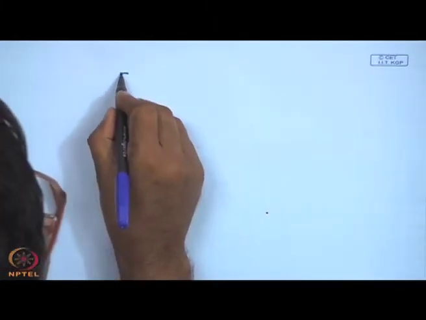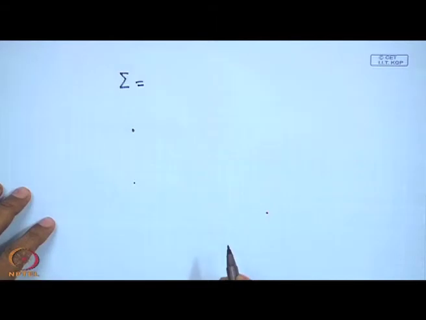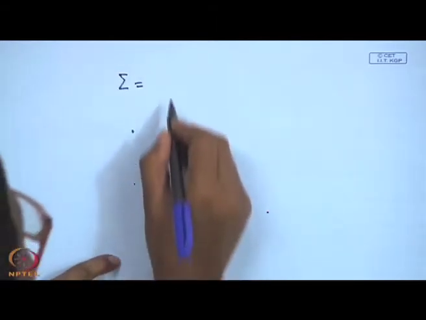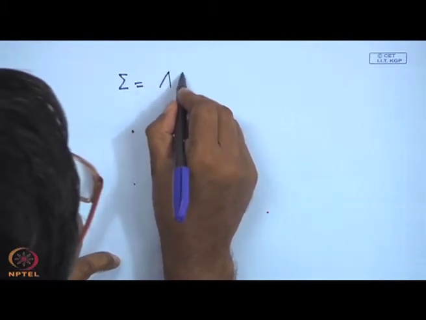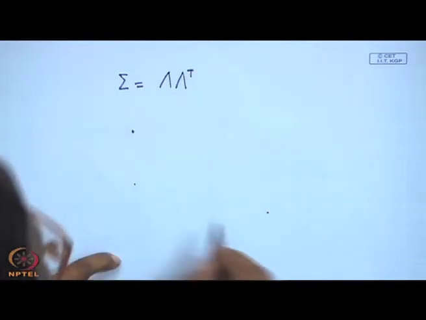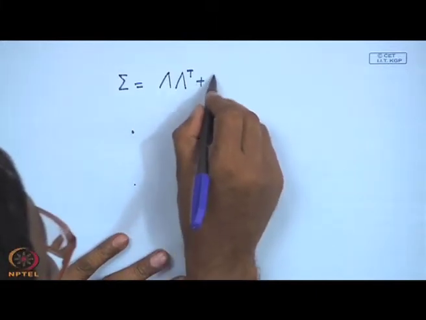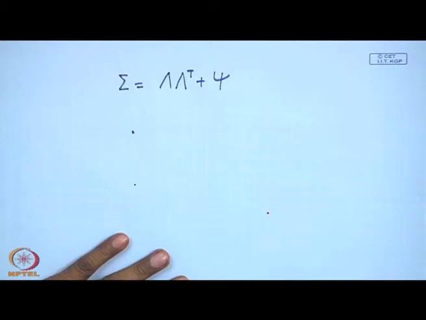Let us see this. What is the covariance structure of the original variables? That is sigma, and we proved that this is nothing but lambda lambda transpose plus psi.